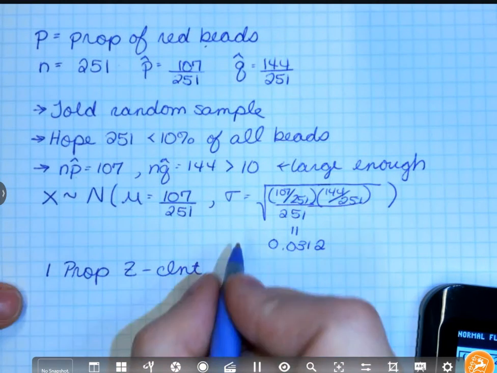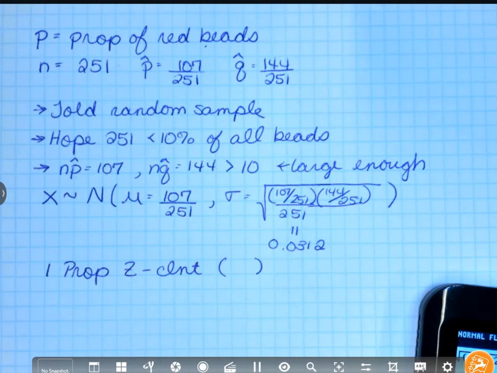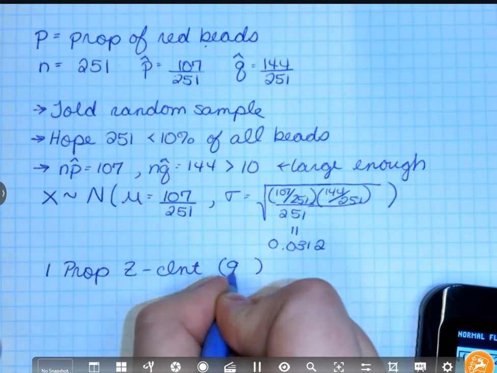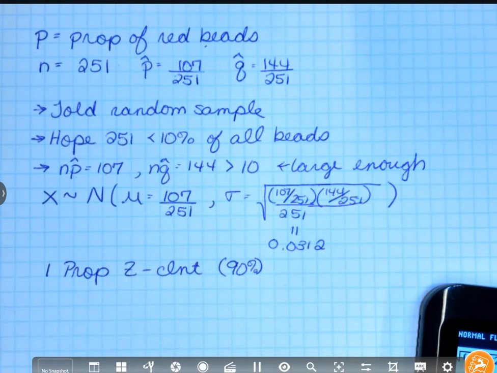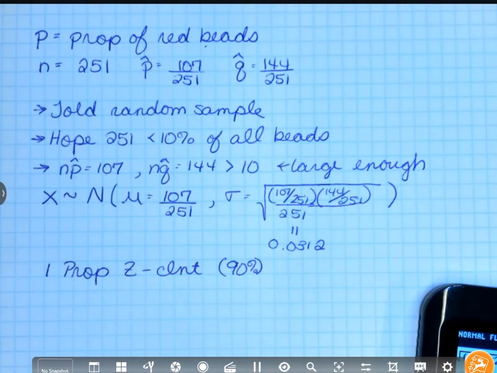And while we're at it, let's just go ahead and throw in what percent. What percent am I using for confidence? 90. What comes after that?